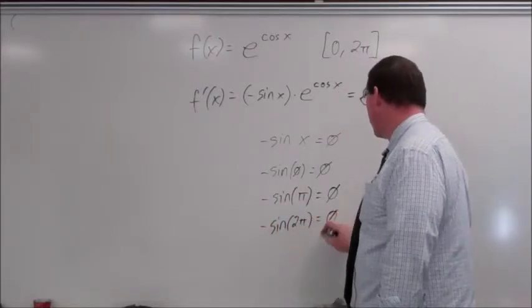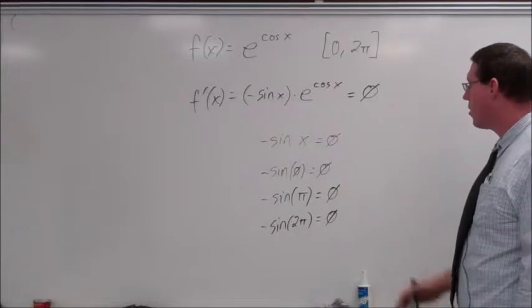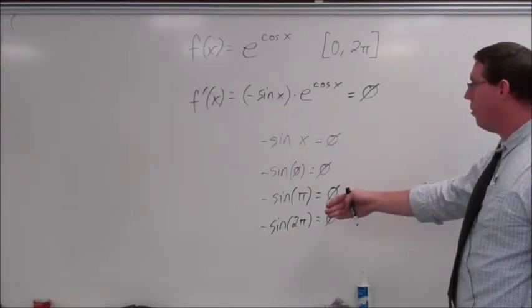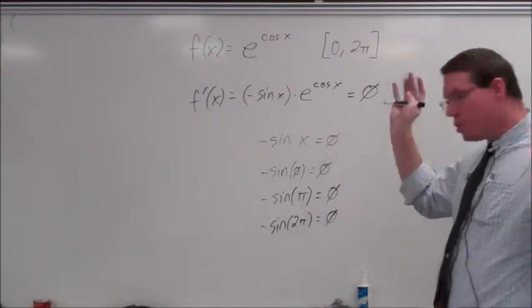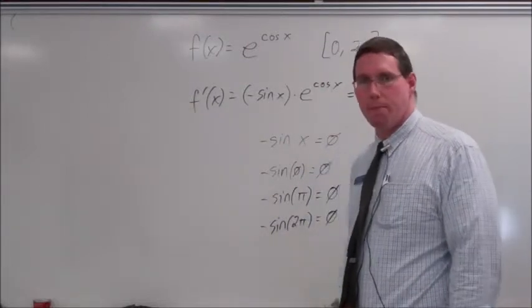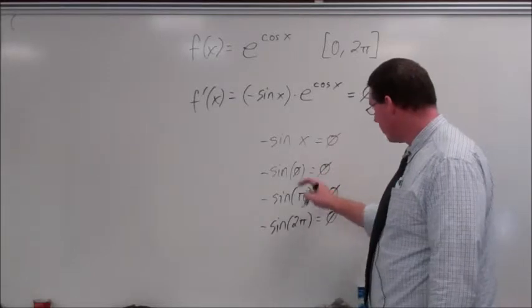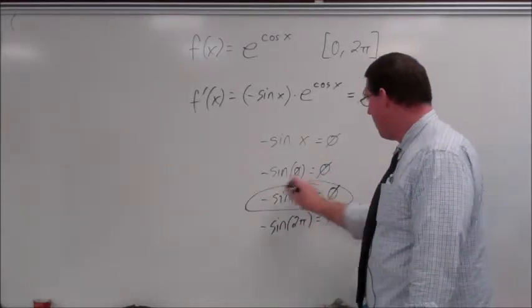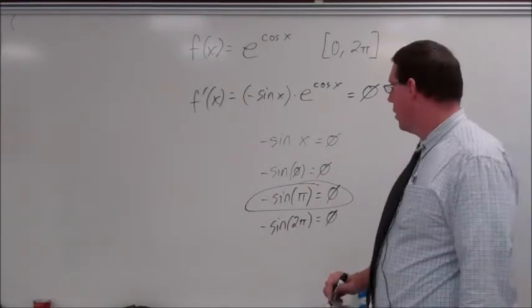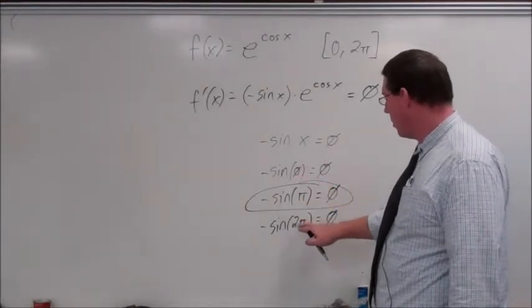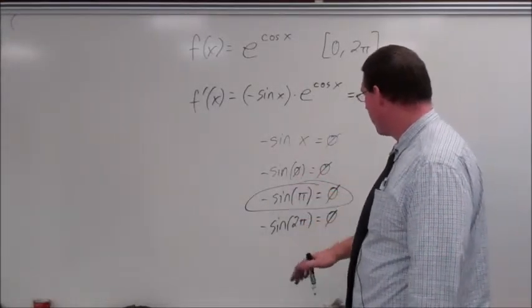So we're actually checking the endpoints. We're noticing that the endpoints are coming up as critical points as well as endpoints, which is irrelevant because we're going to test them anyways. But what you're now seeing is, aside from the endpoints, we also have to check out pi. So that's a critical point, that's an endpoint, that's an endpoint, or you can call them all critical points, I don't care.